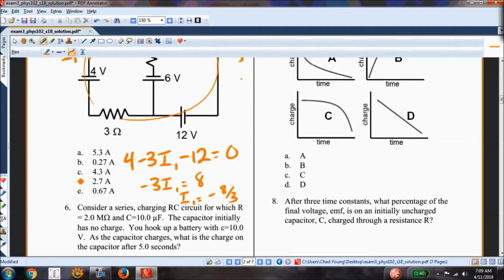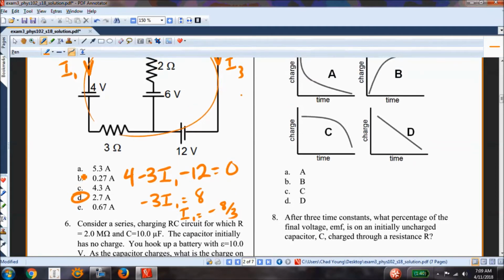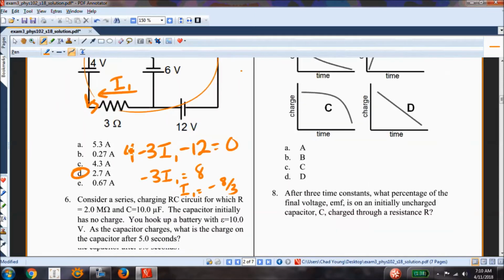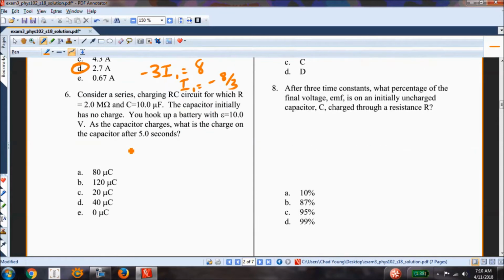I think that's 2.7. Yeah, 5 is D, 2.7. And notice that if I'd asked for a direction, I had listed I1 as being to the right, but really I1 flows to the left because it came out negative, but I didn't ask that.